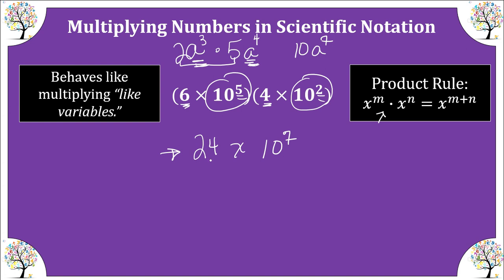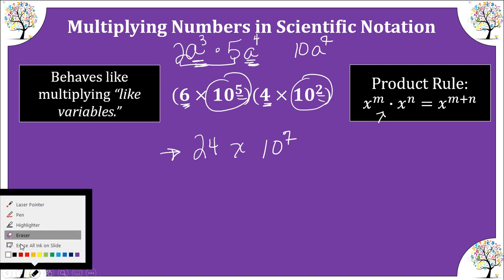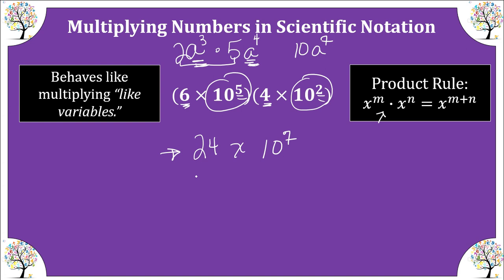So I need a decimal to be between the 2 and the 4. Let me erase that and write it below. So I want my coefficient to be 2.4 because this is proper scientific notation. Now, because we adjusted the coefficient, to keep it balanced we have to adjust the exponent.